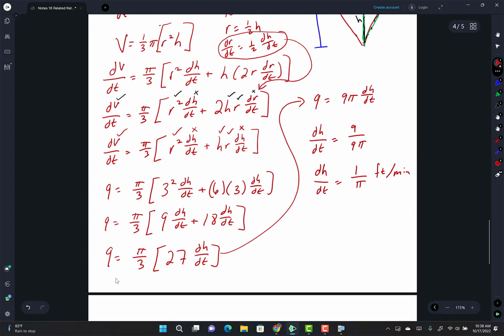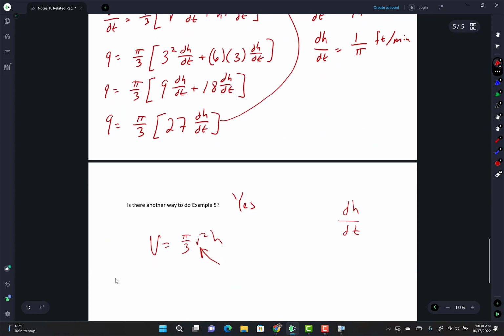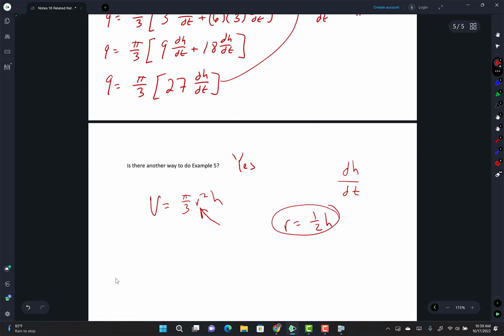Didn't you tell me we had similar triangles over here? So didn't you tell me this expression right here? So if r equals half of h, that's what it equals, right? Half h. I can replace half h with r. And now look, volume equals pi over 3, parenthesis, h over 2, squared h. Are we still okay, guys?